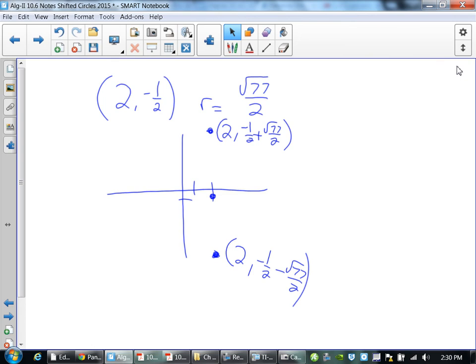Okay. And now if I go to the right, am I changing the x value or the y value? Excellent. So it's going to be 2 plus root 77 over 2, comma, negative 1/2. And then this one would be 2 minus root 77 over 2, comma, negative 1/2. We're going to have a lot of weird points going forward.